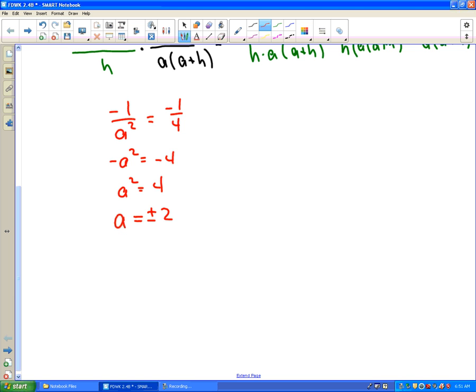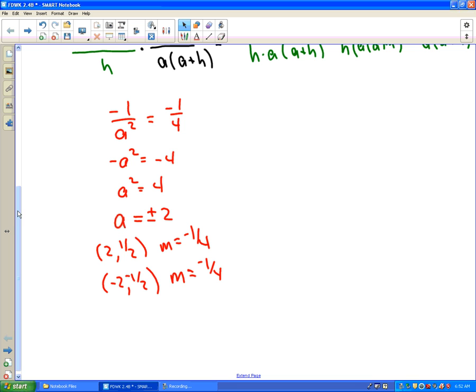So at the point 2 comma 1/2, we have a slope of negative 1/4. And at the point negative 2 comma negative 1/2, we have a slope of negative 1/4. Recall here that the graph of 1 over x looks like this.